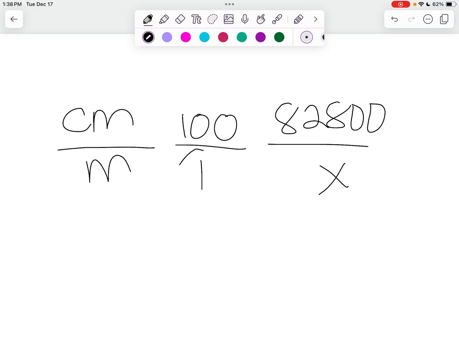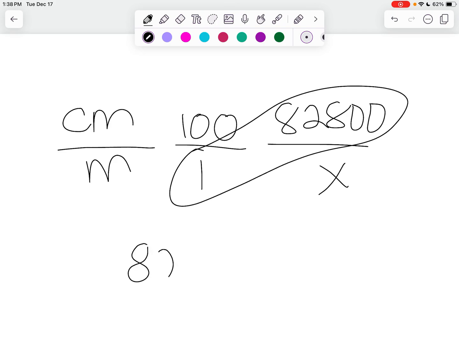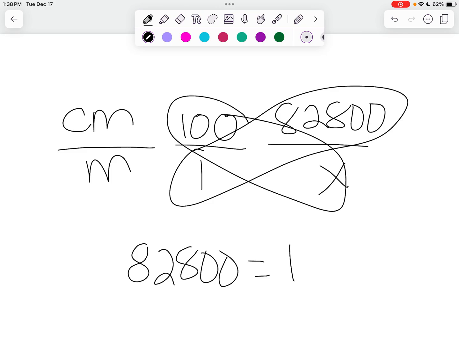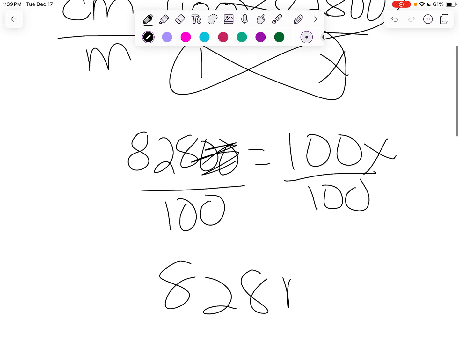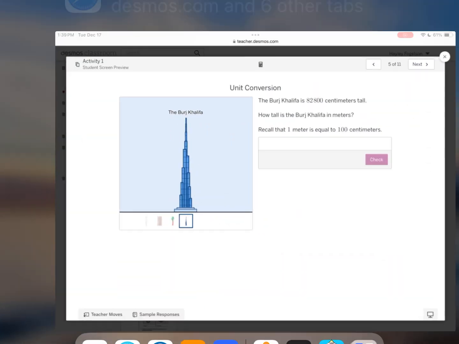X would go on the bottom. We do our butterfly. 1 times 82,800 is 82,800. 100x. To solve, we divide by 100. And remember, that's the same thing as just erasing those 2 zeros on the end. So our answer is 828 meters. Let's see if we're right.